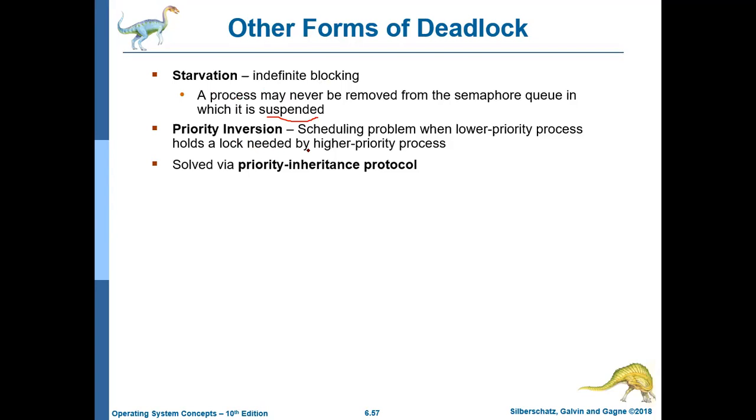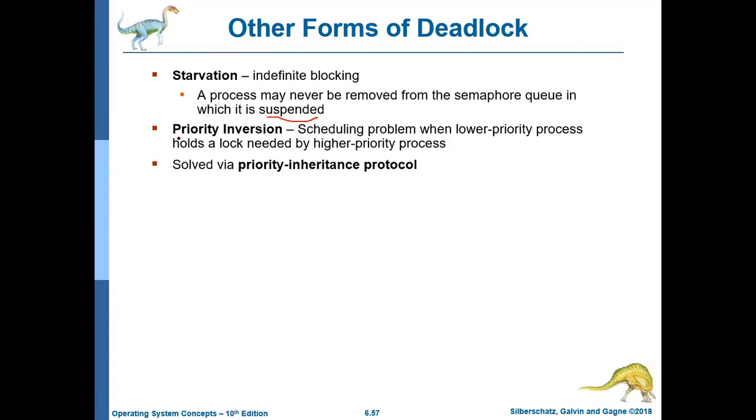Priority inversion: a scheduling problem when lower priority processes hold a lock needed by higher priority processes. Some lower priority task is holding a lock. Now a higher priority task is there, but it cannot run due to that lower priority task.